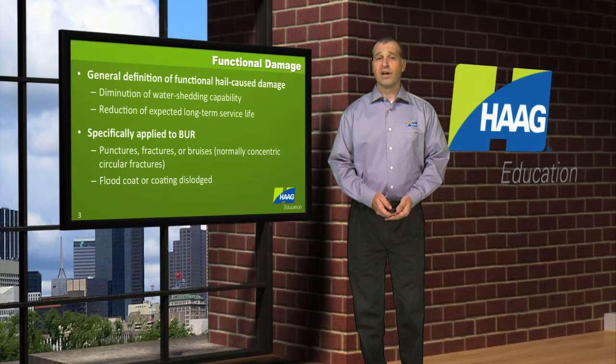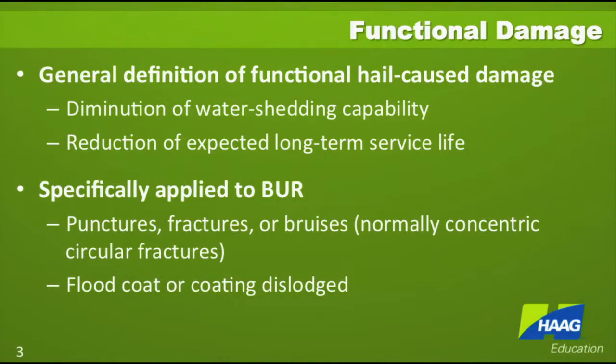At Hague Engineering, over many years, we've developed a general definition of functional hail-caused damage to roofing. And that would be one of two things. If you have a diminution of water shedding capability or something that would cause a reduction of expected long-term service life.